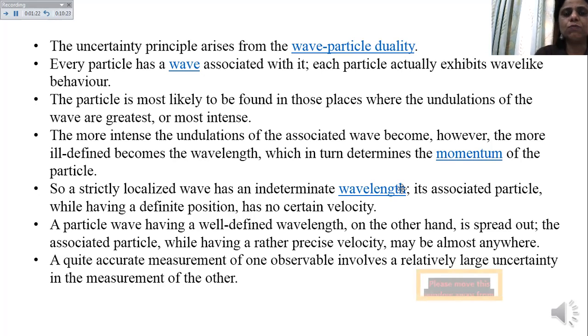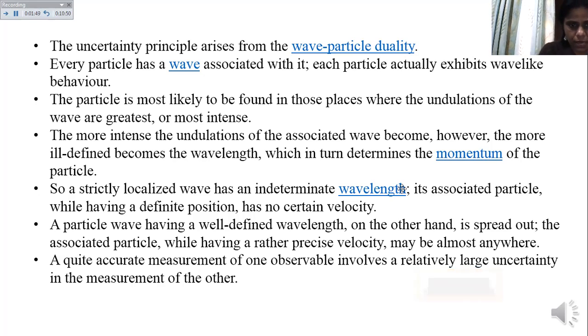The particle is most likely to be found in those places where the undulations of the wave are greatest or more intense. He is saying the particle is certainly present where the undulations of the wave, that is where the level of the wave was greatest and extreme. For example, if we consider the sinusoidal wave, it is very, very high at 90 degrees.